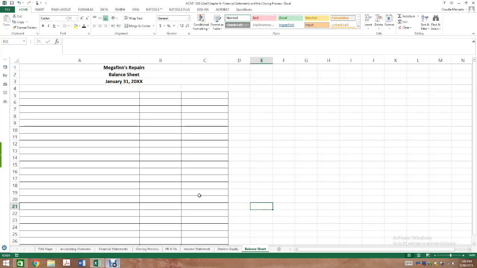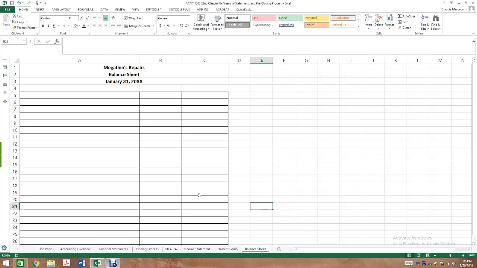The same thing is going to go for the classification of our liabilities. We're going to classify our liabilities as either a current liability or a long-term liability. A current liability is any liability that we are responsible to pay within the next year.